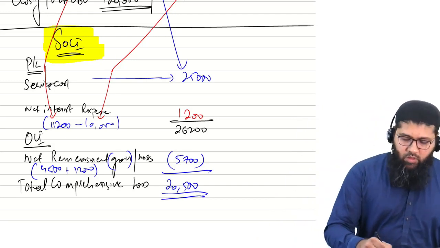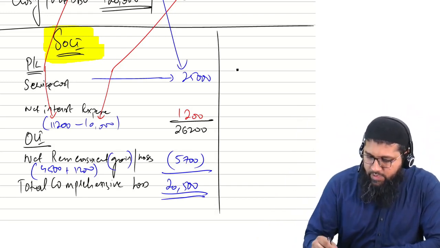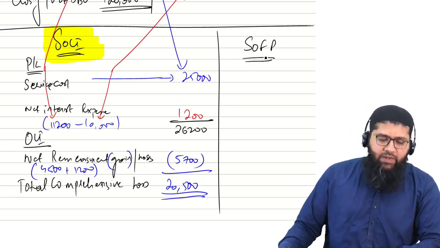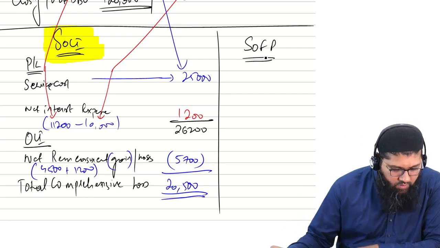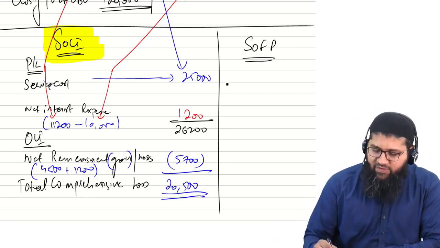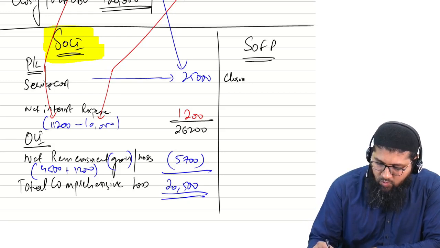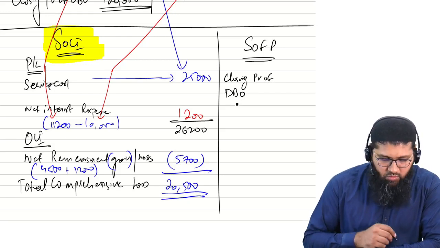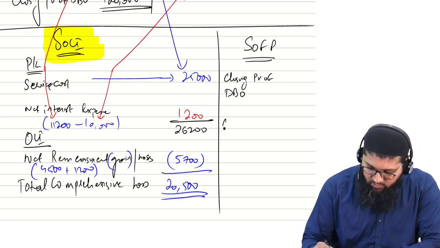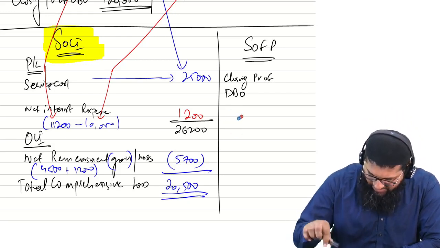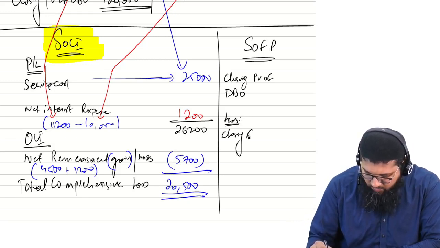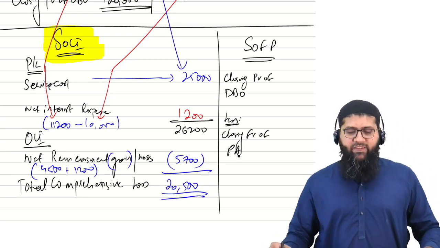Now, let's talk about the balance sheet, how exactly are we going to present this scheme in the balance sheet? If we are to present this scheme in the balance sheet, we have to say closing present value of defined benefit obligation less closing fair value of plan asset.